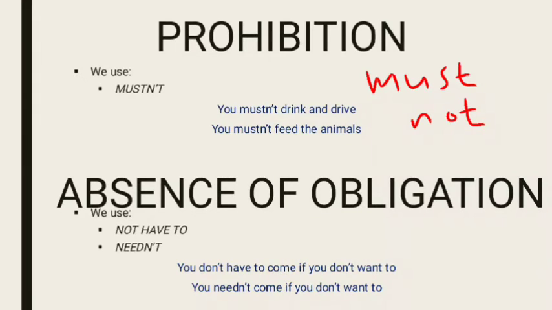Next one is absence of obligation. Ini juga mirip dengan prohibition di atas. Di sini disuruh ketika kita mau membuat kalimat yang menyatakan absence of obligation, ketidakharusan, kita menggunakan not have to and needn't.